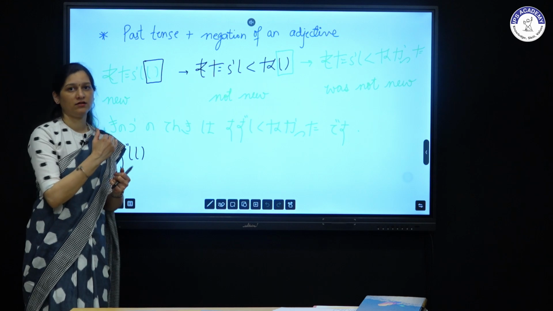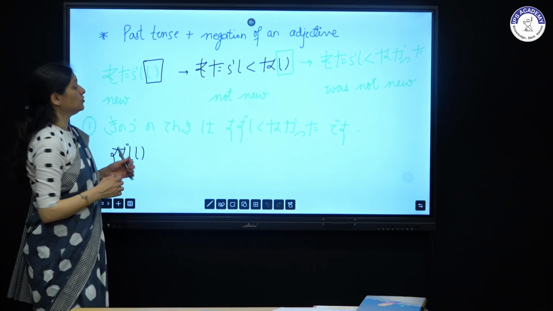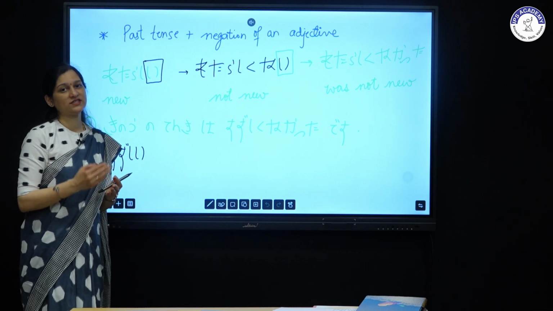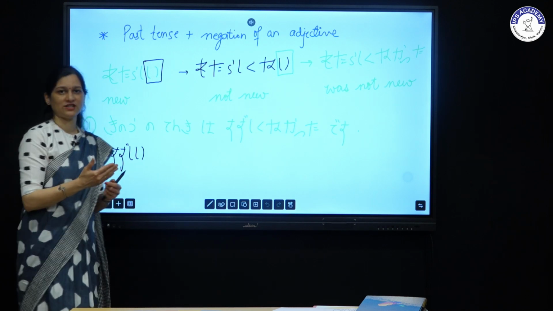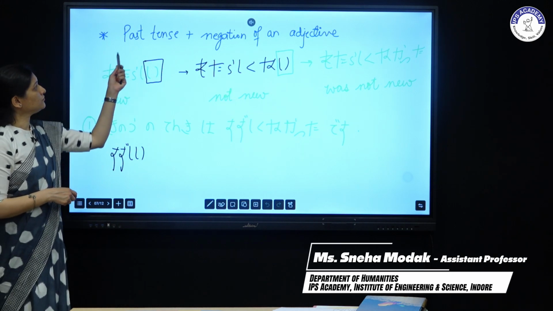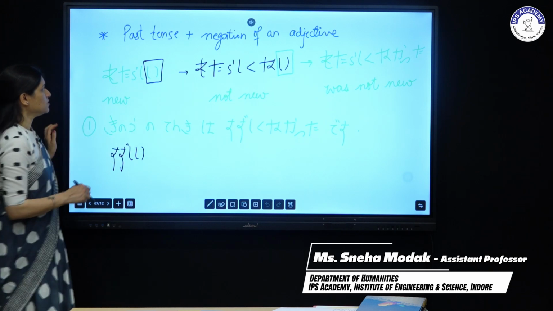We studied the list of adjectives or the pairs of opposites. Then we studied how to do negation of an adjective. Then we studied how to form past tense of an adjective. Now this is a combination of both. How to form past tense plus negation of an adjective. So what do we do?